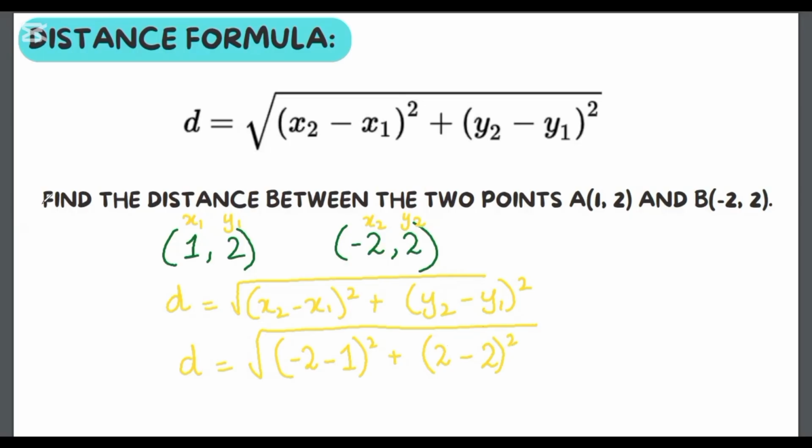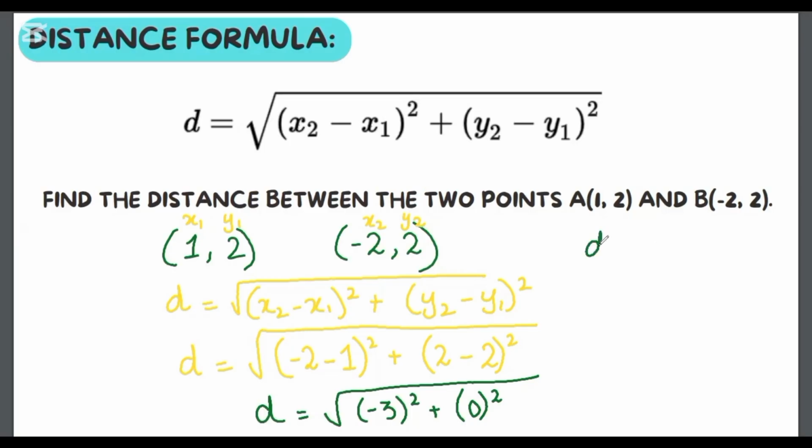Once you have plugged in the values, the next step is to solve what is present within the brackets. So d equals under root -2 minus 1 gives us -3, whole square, plus 2 minus 2 is 0, whole square. The next step is to calculate the squares of the numbers.